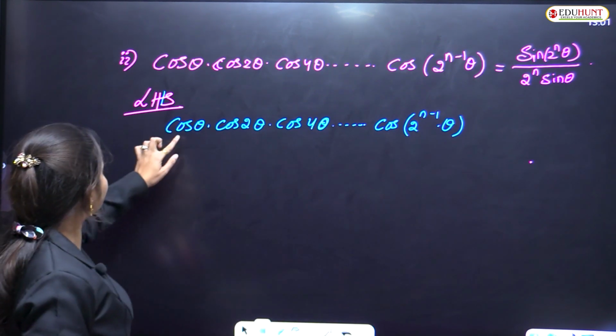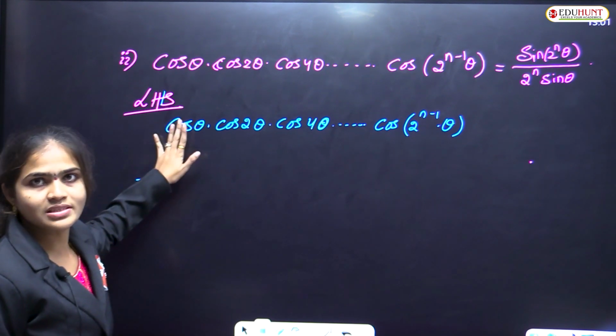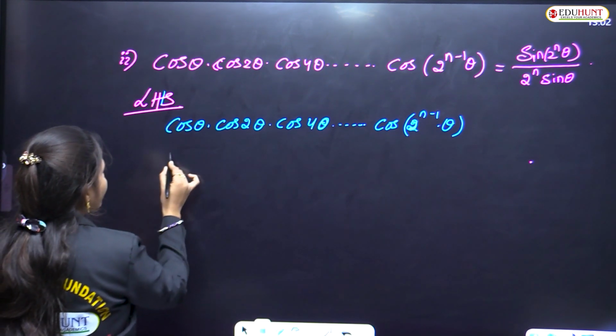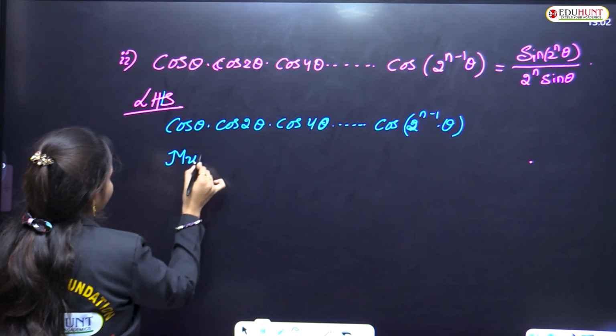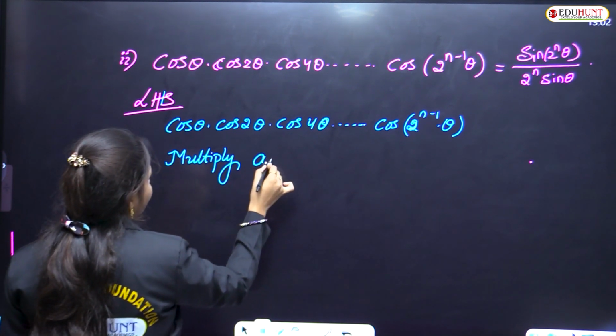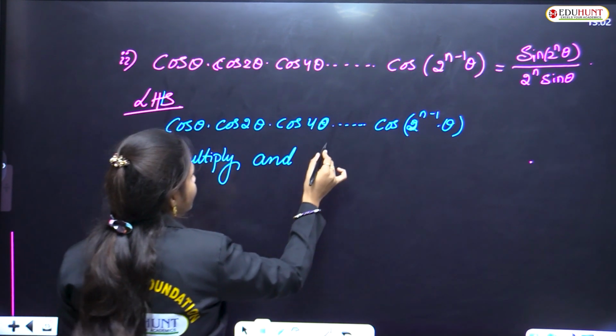Understand? So here at the starting we have only cos theta. So that's why I want to multiply and divide.